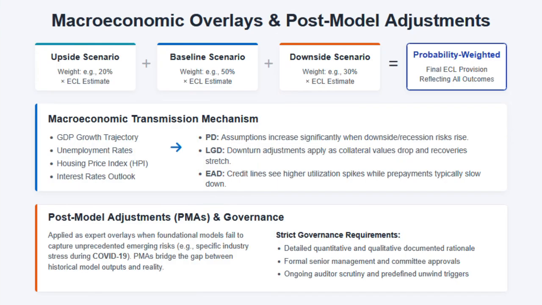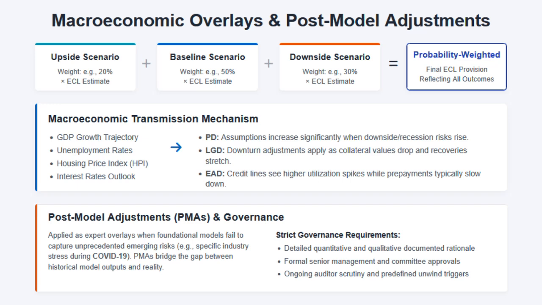Now, banks also need to incorporate macroeconomic variable overlays as well, forward-looking adjustments based on economic forecasts. IFRS 9 explicitly requires that ECL reflect not just historical information and current conditions, but also reasonable expectations about future economic conditions.